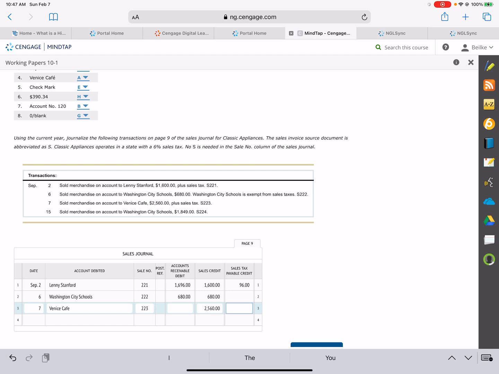We take that times 6%, and we find out we have a sales tax of $153.60. We add those two numbers together because Venice Cafe not only owes us for our sales, but the sales tax, and we come up with $2,713.60.